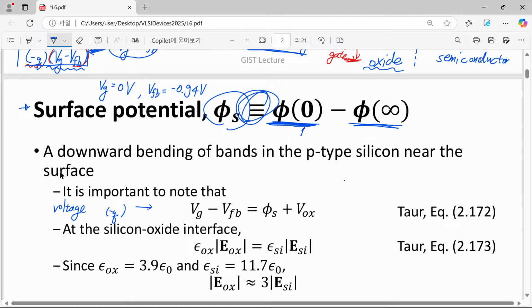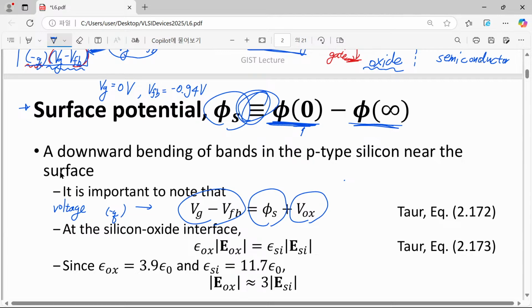If we assign a non-zero voltage difference in the metal part, then we will have current conduction inside the metal. That is not allowed. So that's the reason why we neglect the metal part. Then now we have only two parts, one is oxide and one is semiconductor. So the band bending is just divided into two parts.